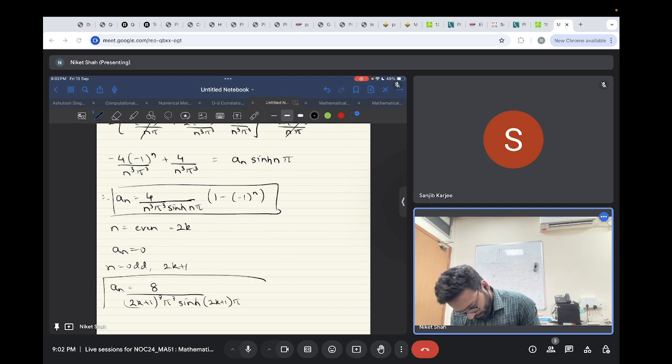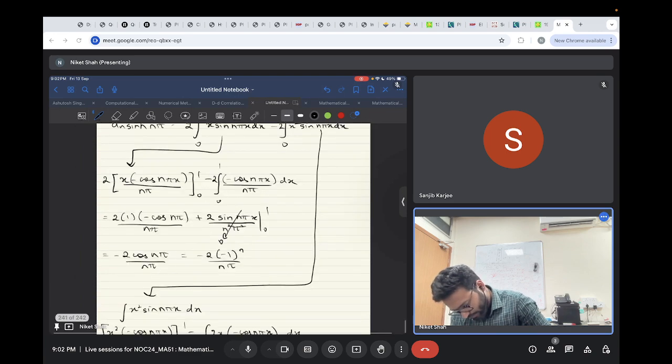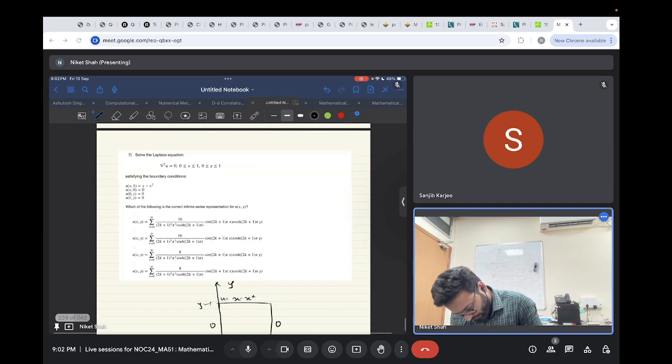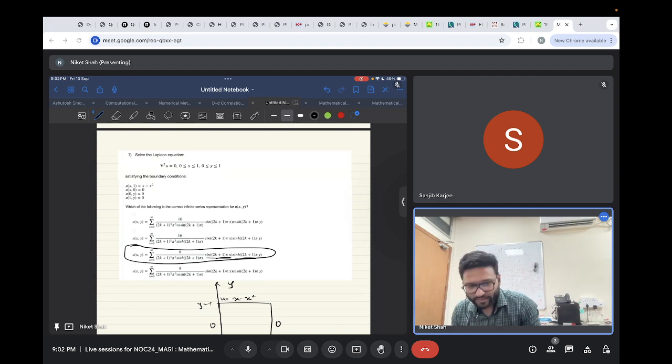This is my a n. Hence, the option with 8 should be the correct answer. And everywhere else, sinh 2k plus 1 pi y pi x. So this has to be the correct answer.